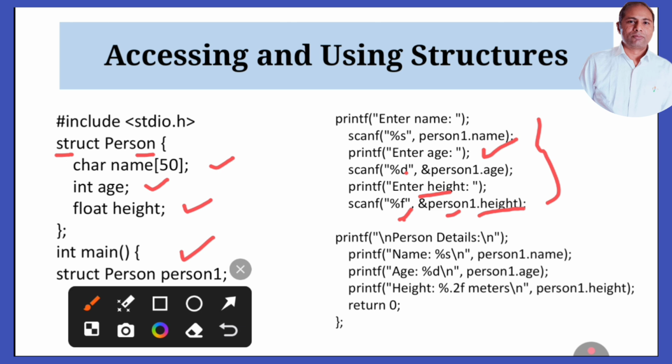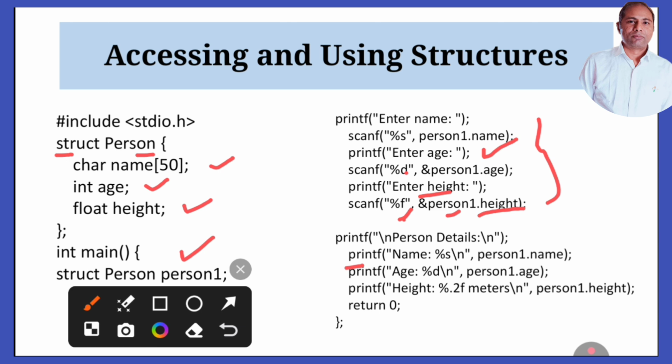Then we can display this data of the person. We will write printf person1.name, and it will display the name. Then we will write printf age. What is the age? person1.age. We will be using %d for the age since it is an integer.